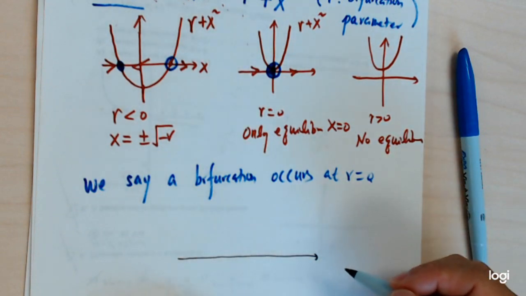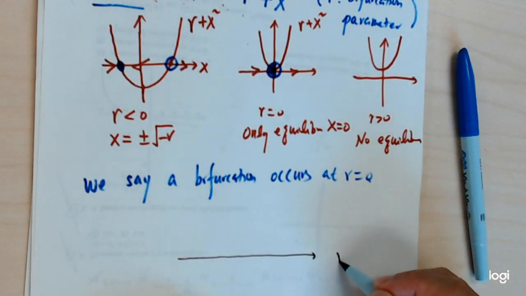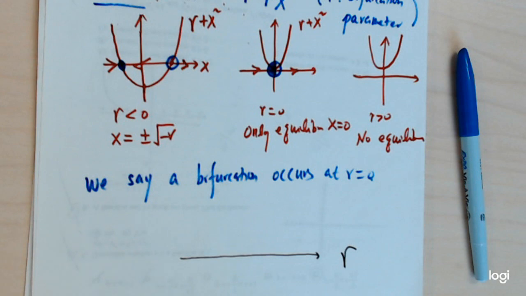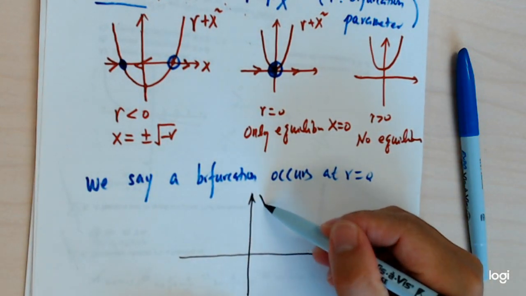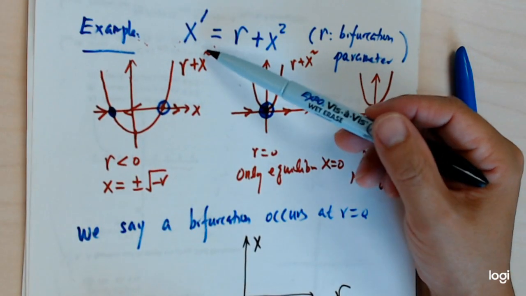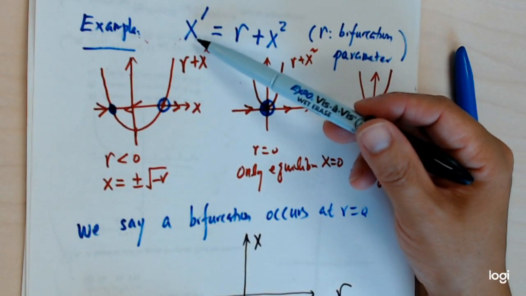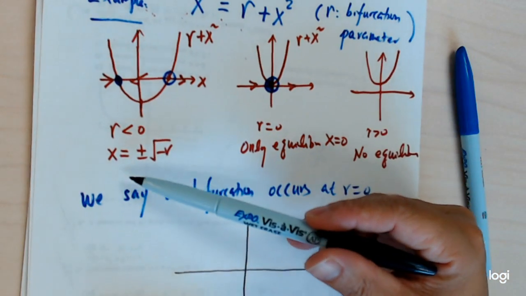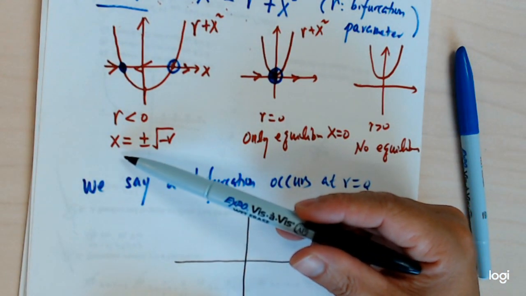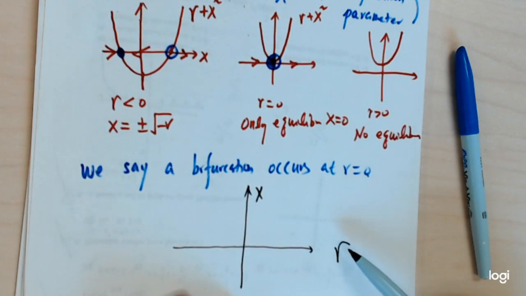The horizontal axis is always the parameter, so here we call this r. The vertical axis is for the variable, which here is x. We're going to plot the graph of equilibrium as a function of r.